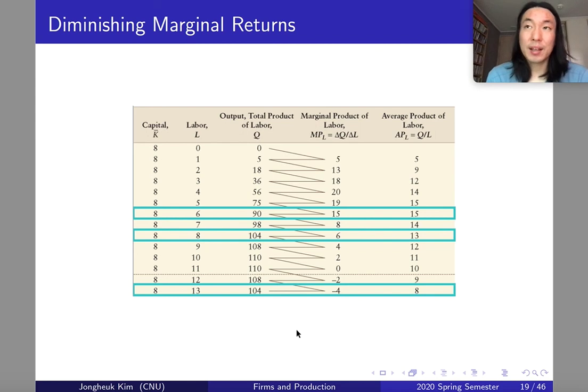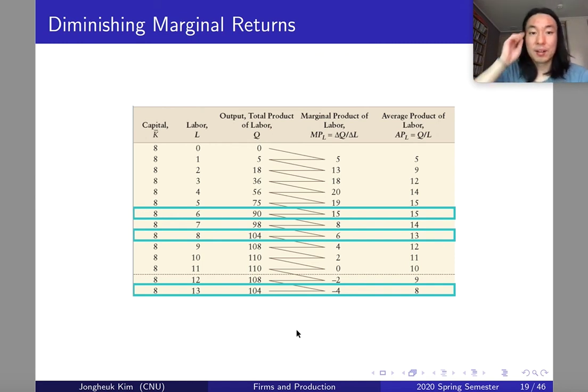Which means that if you hire more and more people to your business, the additional contribution of each hired worker will get smaller and smaller. It is a more realistic assumption than the linear production function.